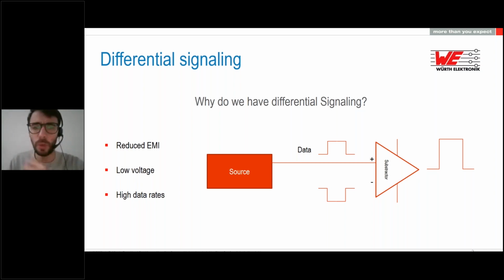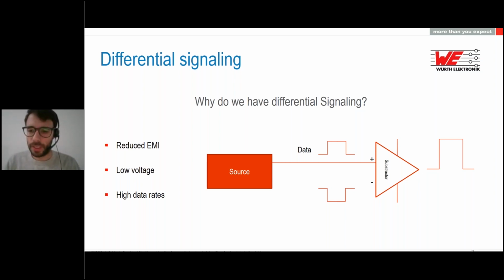So why do we use differential signaling instead of using one line or one conductor? This is because of the advantages we have using these signals. The first advantage that comes to our minds when we think about these designs is that we can use lower voltages. Why?